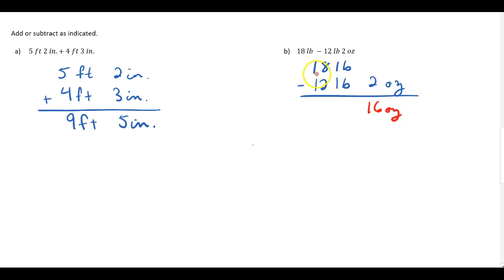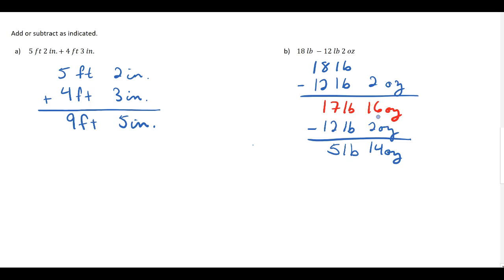And since I borrowed 1, I now have 17 pounds minus my 12 pounds 2 ounces. Now I can take 16 minus 2, leaving me with 14 ounces, and 17 minus 12, leaving me with 5 pounds. So 18 pounds minus 12 pounds 2 ounces is going to end up leaving me with 5 pounds 14 ounces. We just have to be careful.